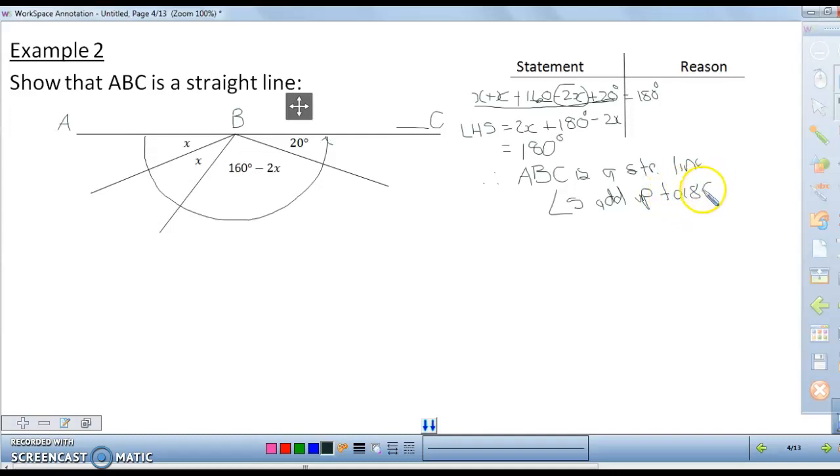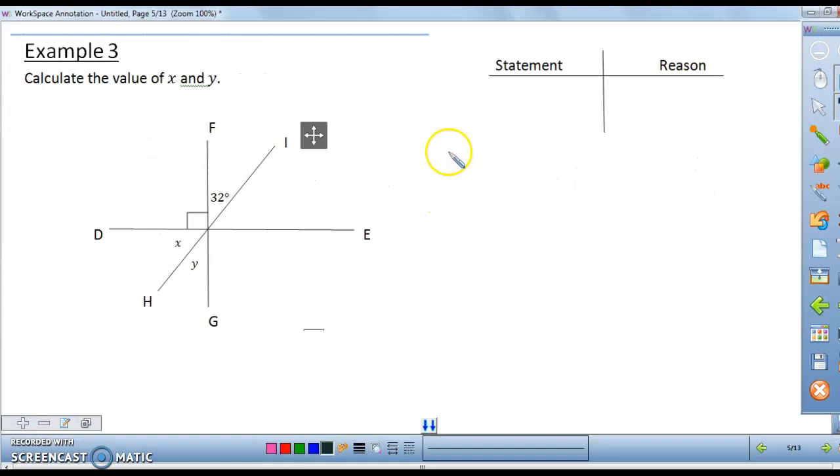Sorry about the writing, but I'm writing with my mouse and it's very difficult. But I hope you can read that. So I have proved what I wanted to prove. ABC is a straight line. It is done. So let's see if we can do another example.